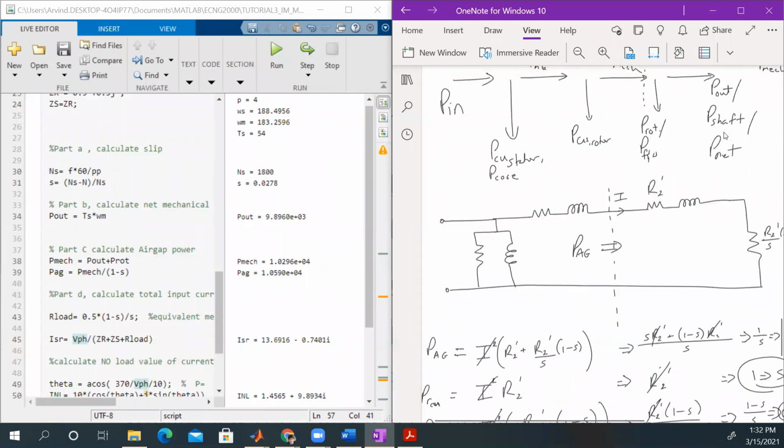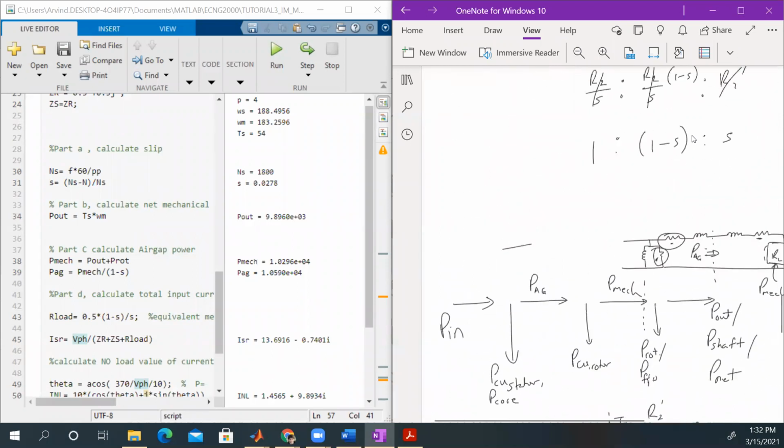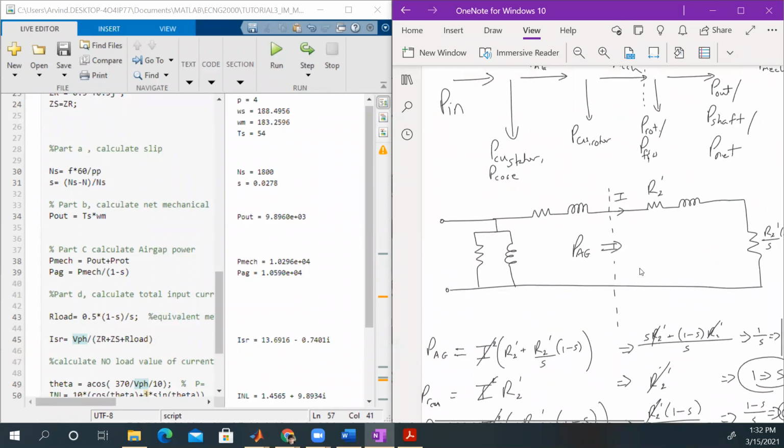Right, so we saw here in our diagram that the air gap power is related to the total mechanical power. And the total mechanical power is comprised of the output power plus the rotational losses. So here we have to get both of them. So Pmech is P out plus P rotational.